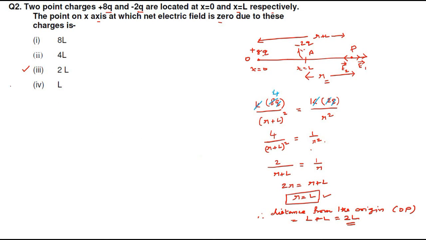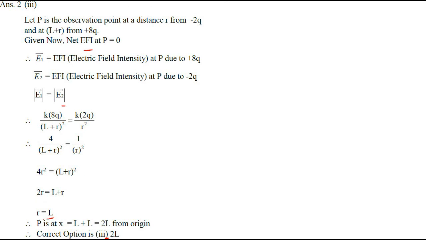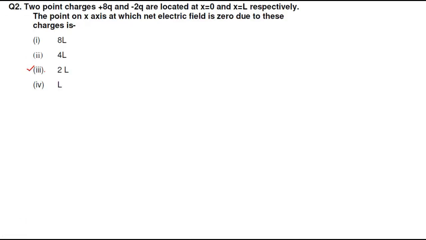So the answer is 2L, which is marked here as per the question. According to the key, R is L, but we want the distance x, so that is 2L from the origin. So the correct option is option 3, which is 2L.